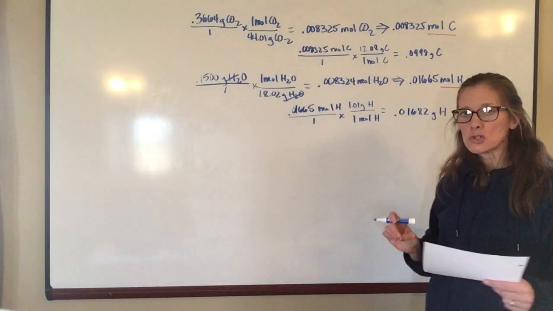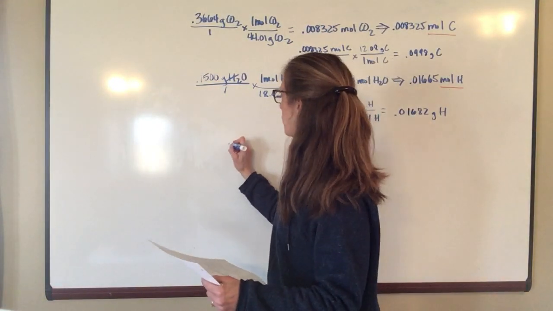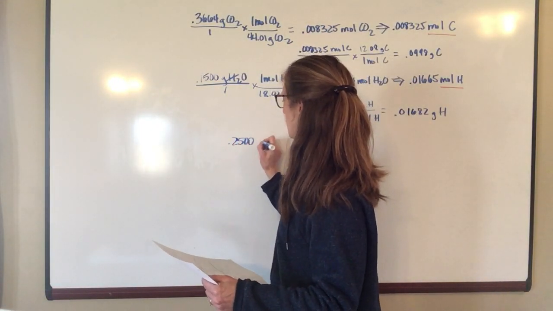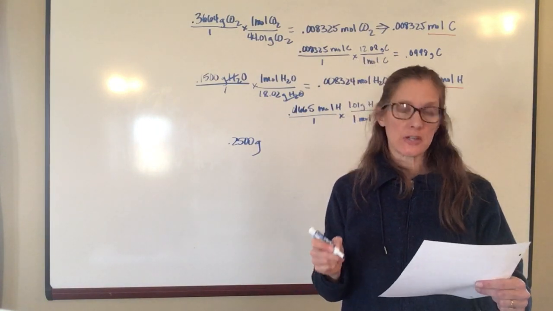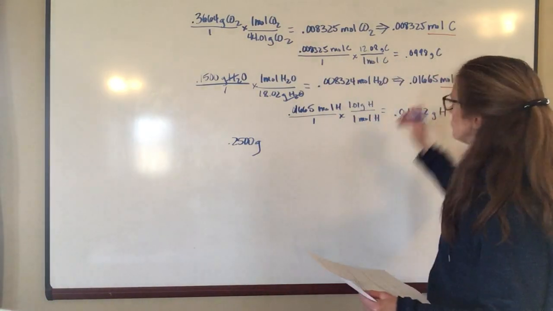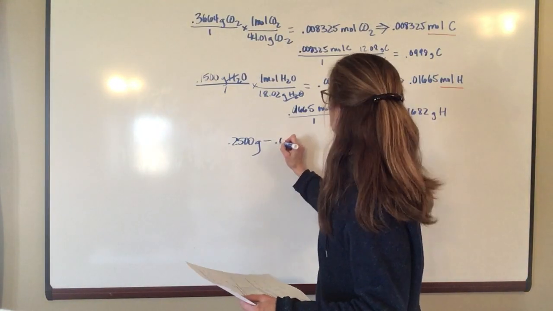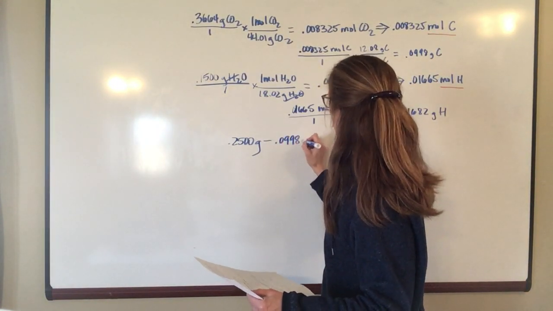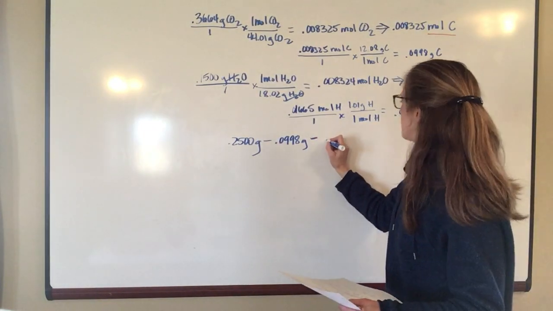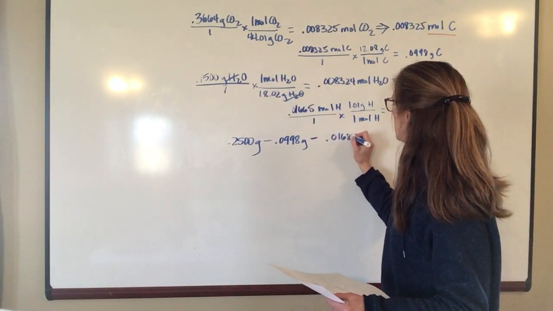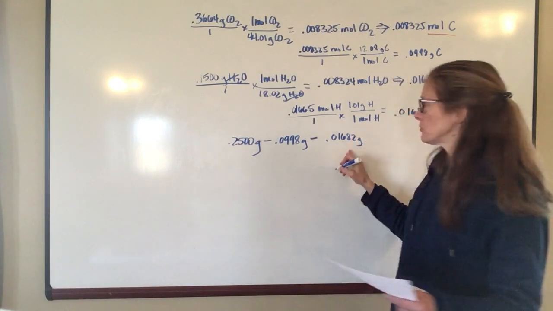So my original compound was 0.2500 grams of compound. Okay, that's how much I started with. I'm going to subtract off 0.0998 grams of carbon, and I'm also going to subtract off the 0.01682 grams of hydrogen.